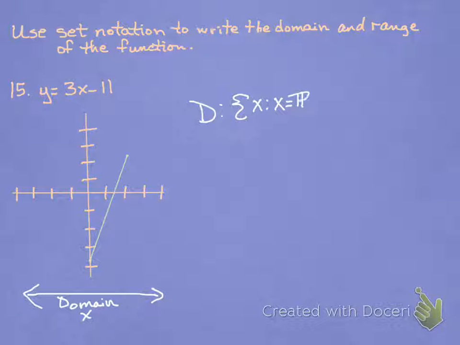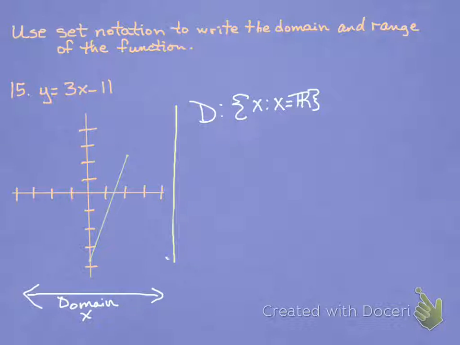So we write that in set notation, starting with a brace, we say x and then a colon for such that x is an element of the double bar R for all real numbers. And finish with a brace.